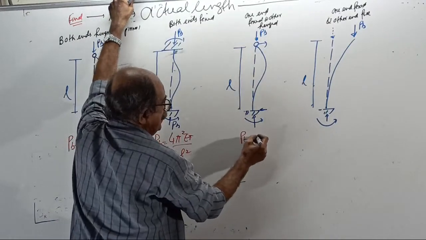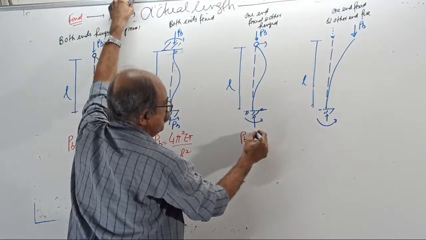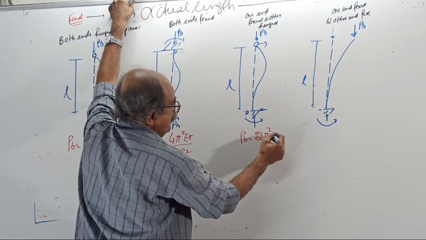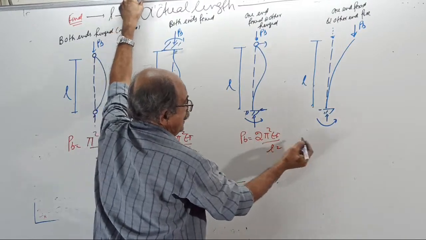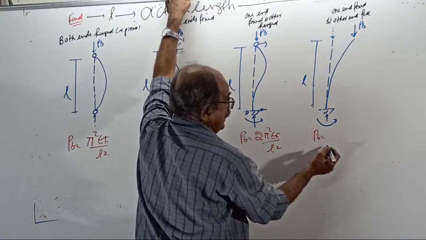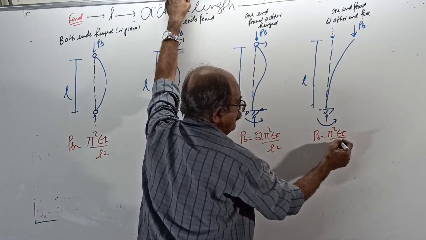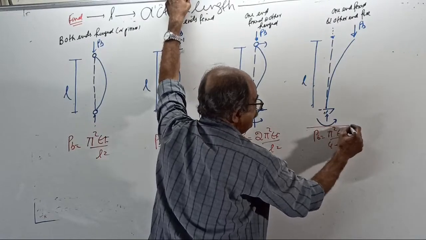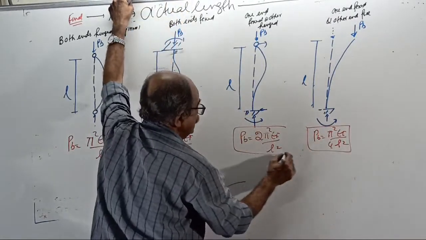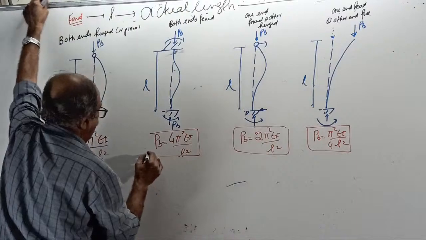I got PB equal to 2 times pi square EI by L square for one fixed, one pinned. For one fixed, one free, it is the standard pi square EI by 4L square. These are the buckling loads based on actual length.